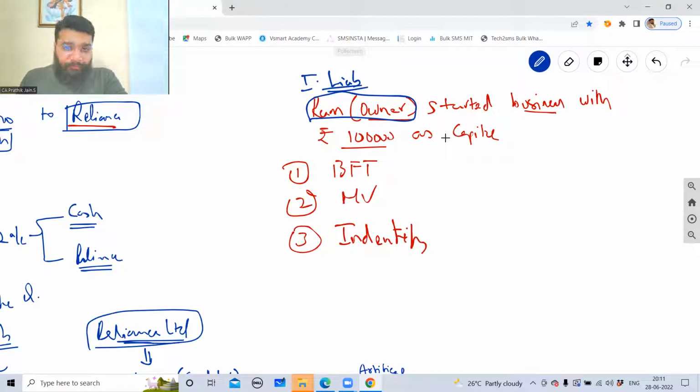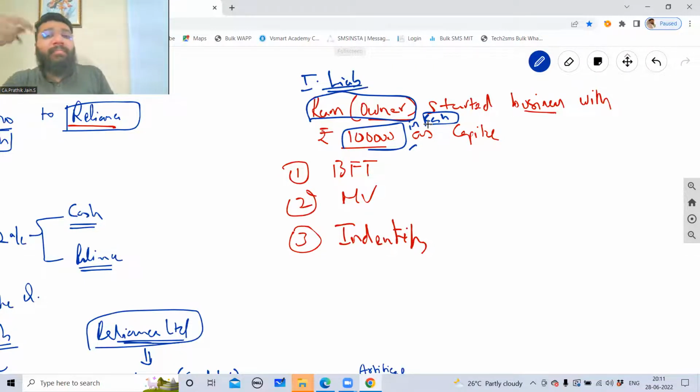And here, cash. So this 1 lakh is coming in what form? Cash or bank? If it is coming in cash, Ram started the business with 1 lakh rupees in cash as capital, then the account that will be affected is the cash account. Ram may give the money, 1 lakh rupees, in cash. He may give it by check, which affects my bank account, or he may give it in the form of an asset.